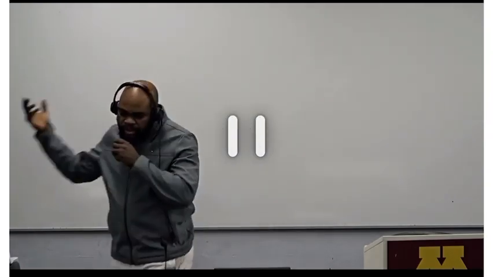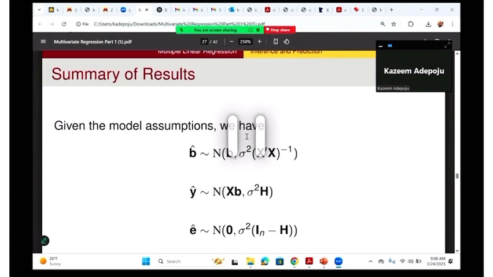Okay, so we've been reviewing linear regression. The essence of what we're doing is that we want to generalize to multivariate regression, where we have more than one dependent variable. I've walked you through up to this moment.